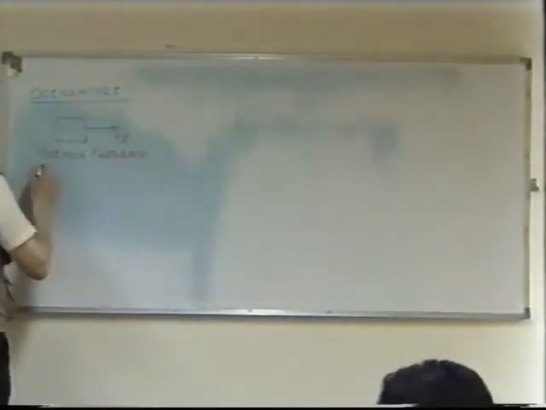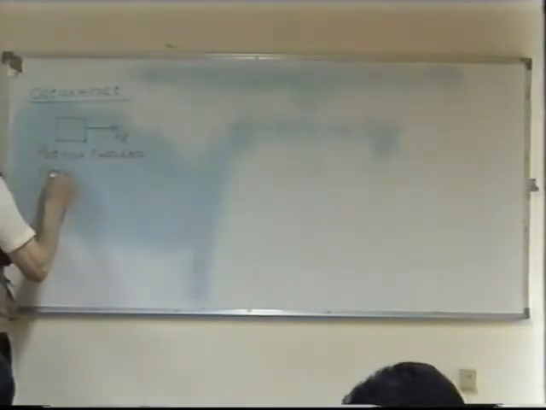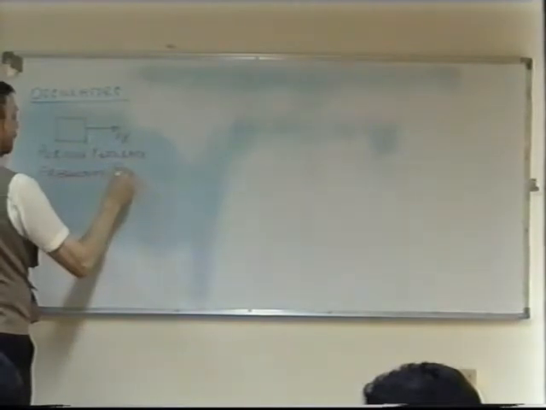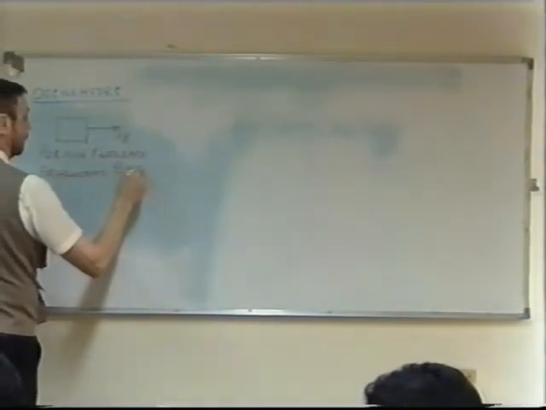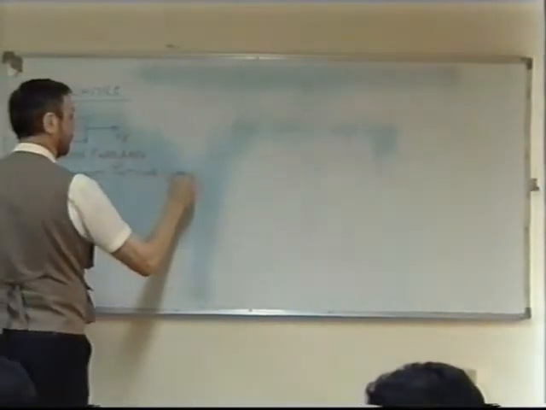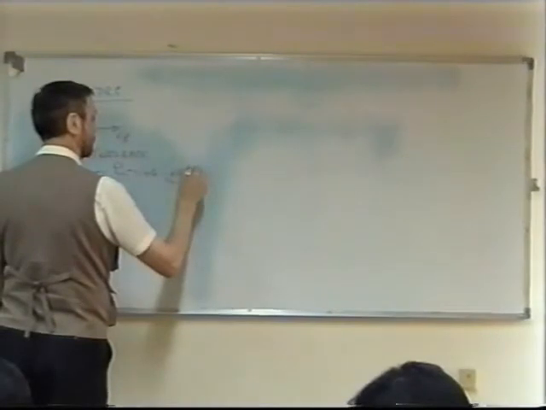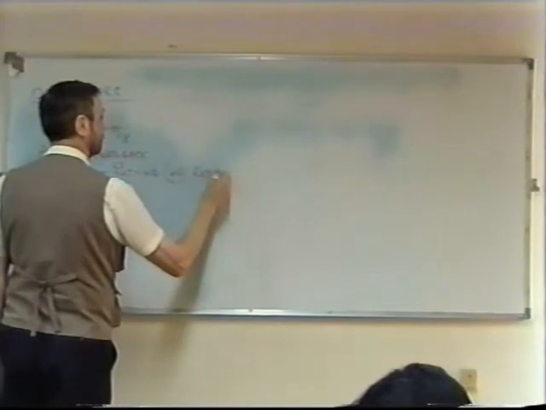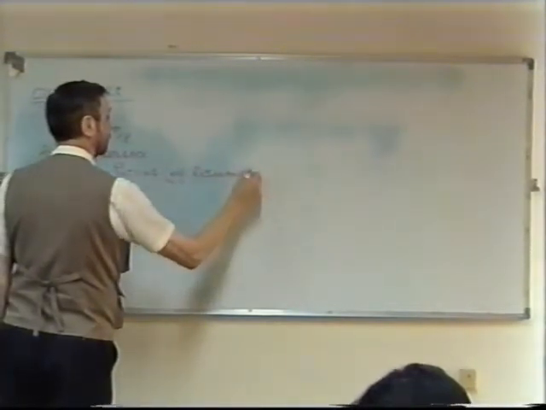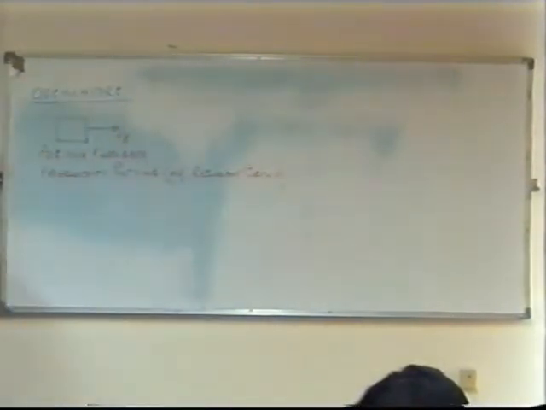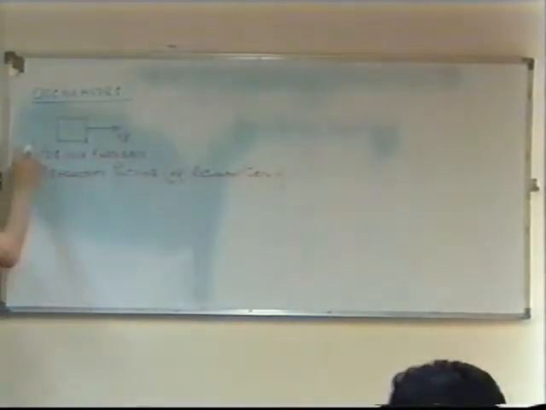So there'll be some sort of frequency set circuit. Not all oscillators use tuned circuits, but since we've just talked about resonance circuits, that would be a good example. These two conditions.